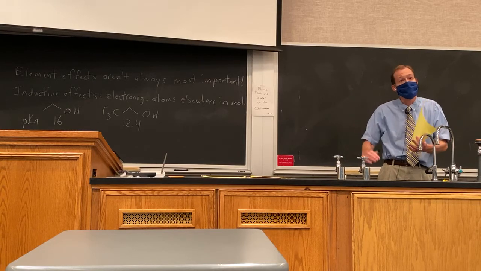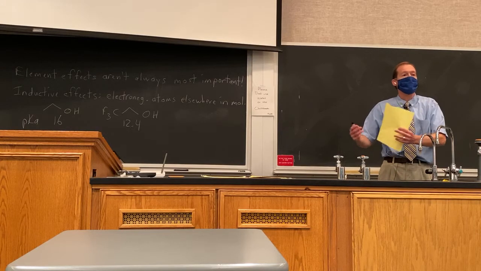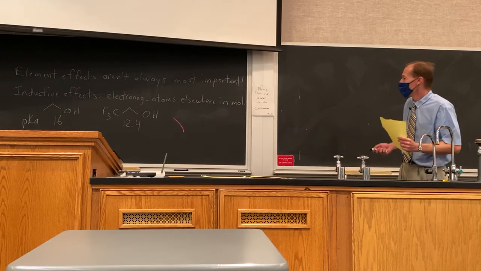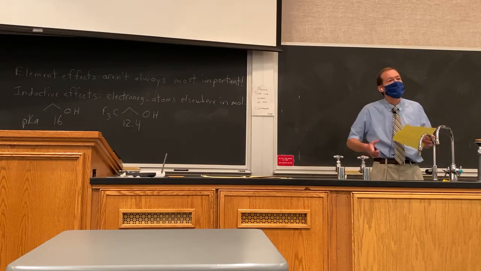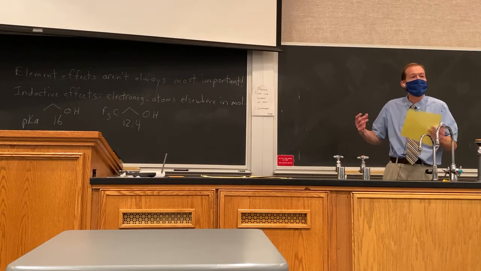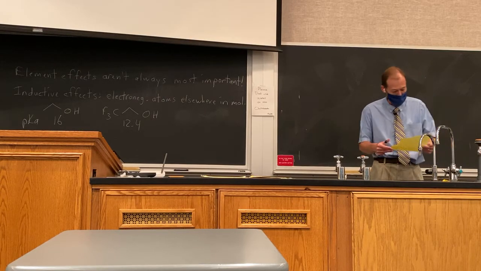So if we lower the energy of our conjugate base, make it more stable, it will form more readily, meaning the acid will dissociate or be deprotonated. So what you're saying is that the electronegative fluorines can pull on electrons from the negatively charged oxygen in the conjugate base, therefore stabilizing it.